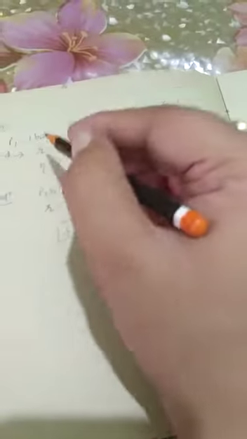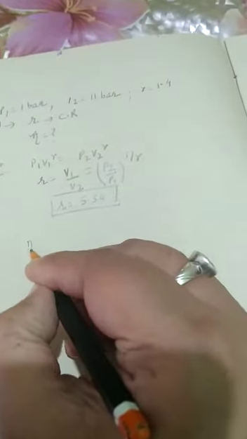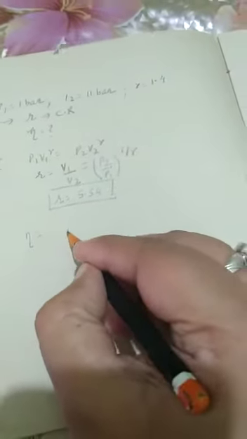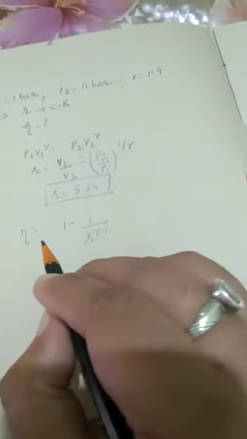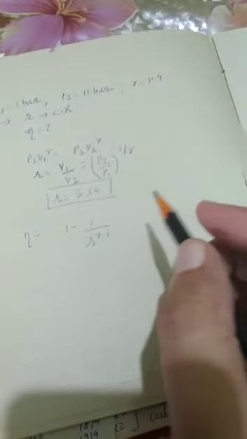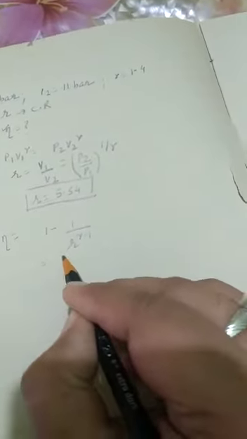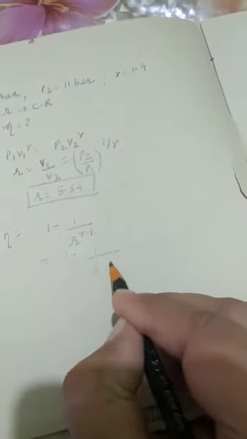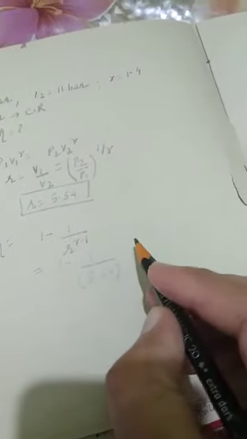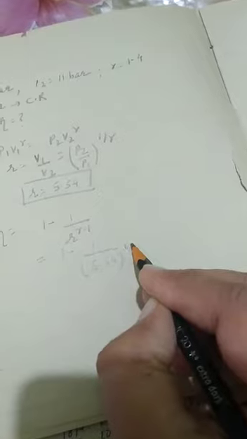And now we have to find out eta, that is thermal efficiency. So eta is given by the formula 1 minus 1 upon R^(gamma minus 1), and we can put here 1 minus 1 upon 5.54 to the power of (1.4 minus 1).